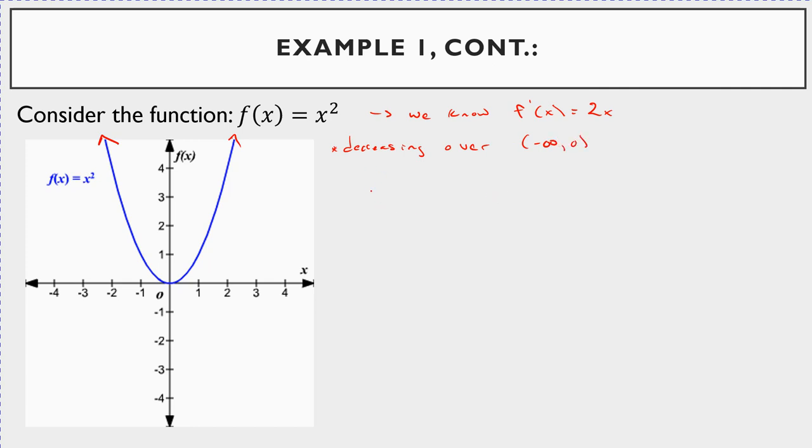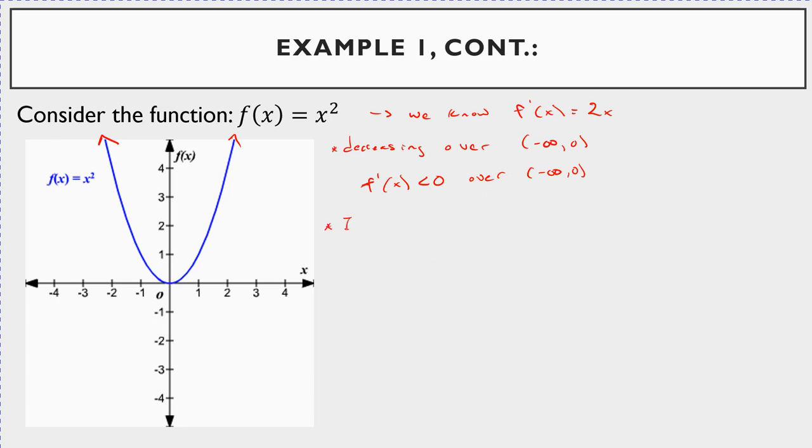Well, look, f prime of x is less than 0. If you plug any number between negative infinity and 0 into the derivative, you'd be plugging a negative number in, so it'd be 2 times a negative number. So look, the first derivative is negative over this interval.